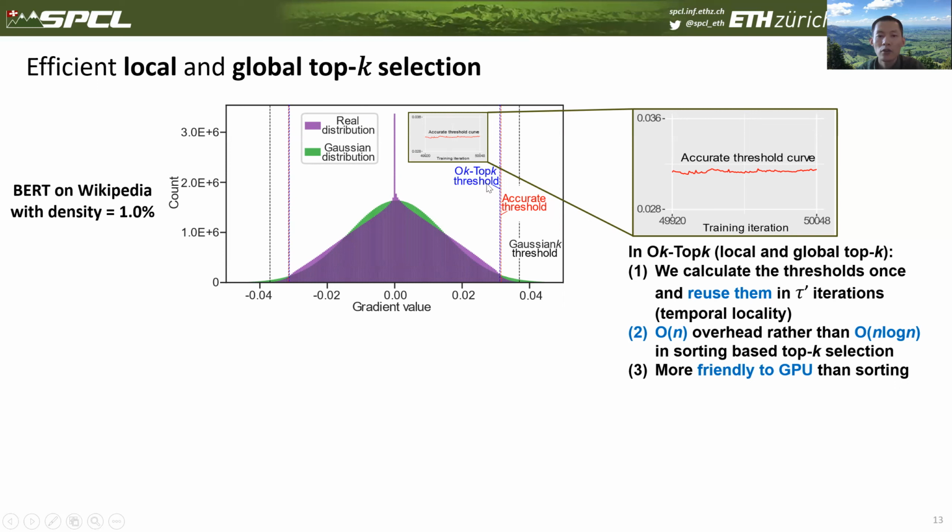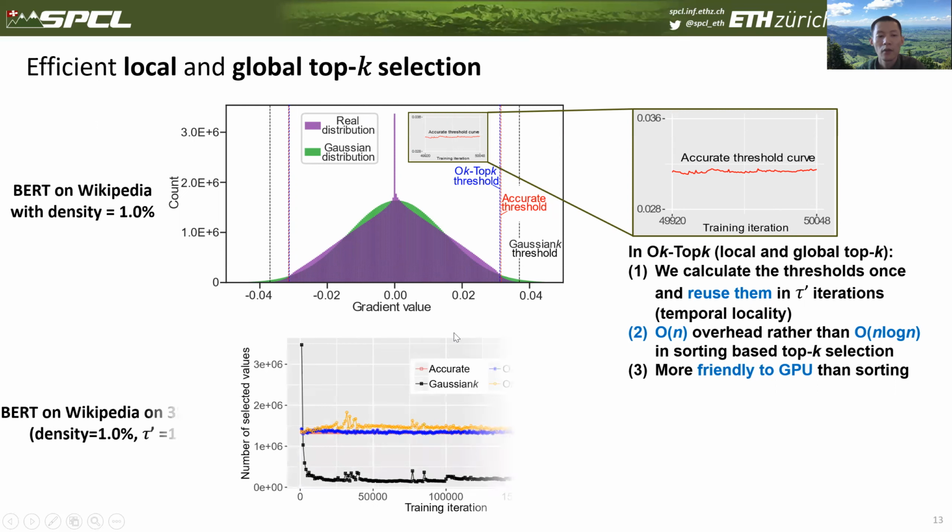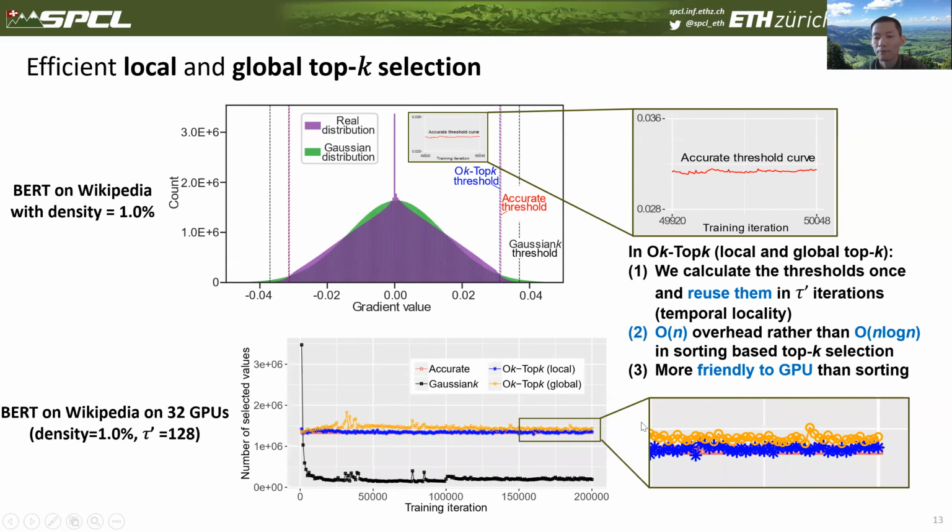Here, the blue line shows the threshold used by Ok-Topk. We can see it's very close to the accurate threshold. In the bottom figure, we compare the number of global top-k values and the local top-k values with the number of accurate top-k values.